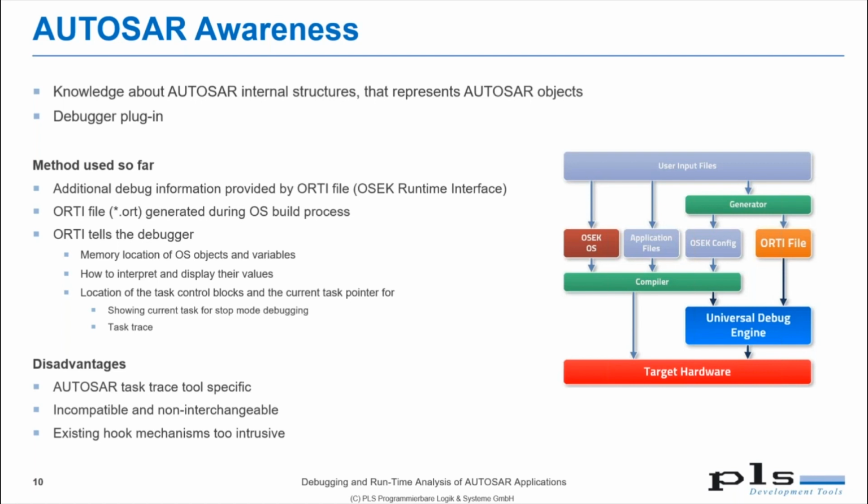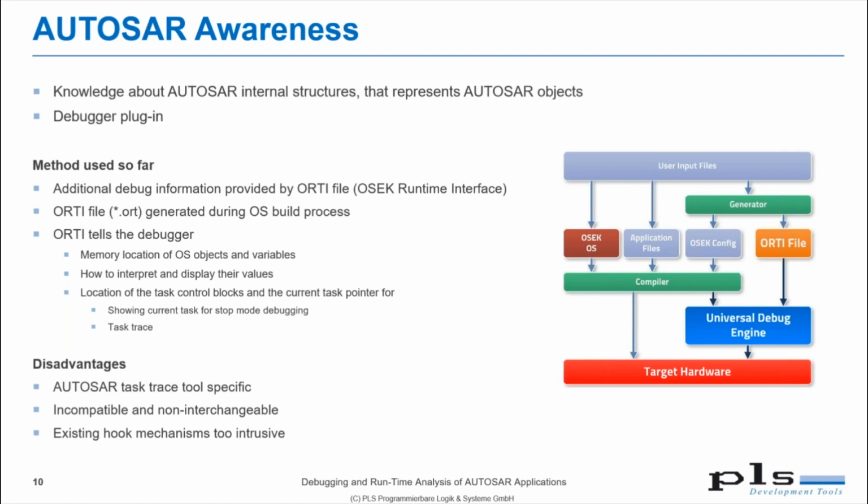So what are hooks? Hooks are small pieces of code that are used to instrument the operating system, with the aim that the trace tool understands the various operating system tasks, states, and recognizes the state changes.